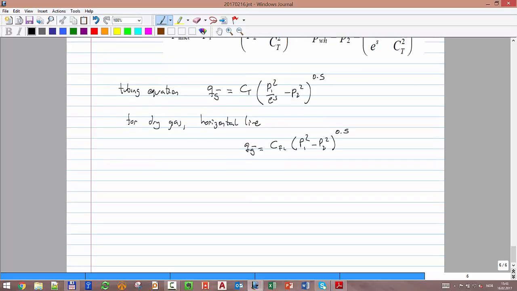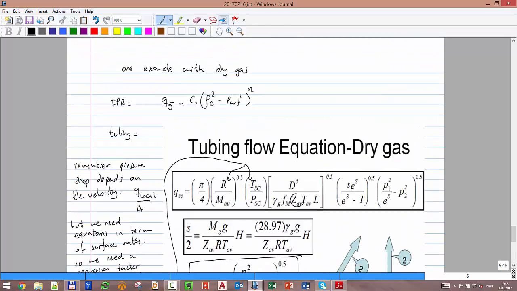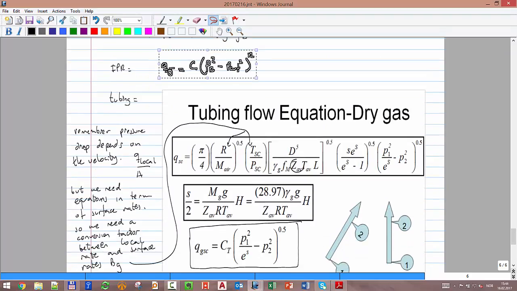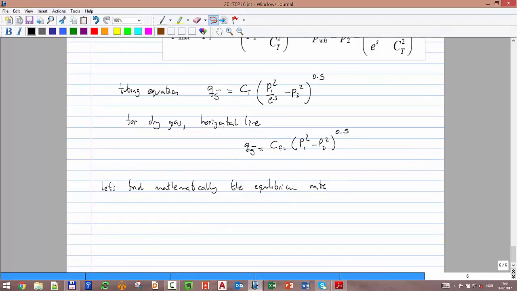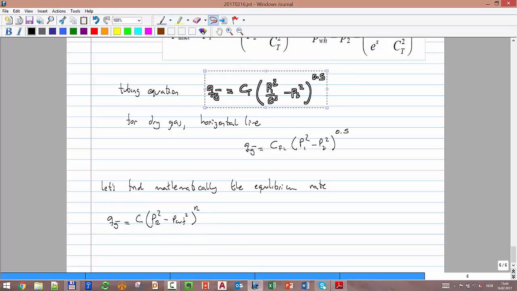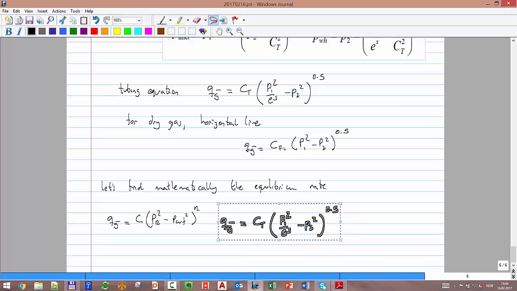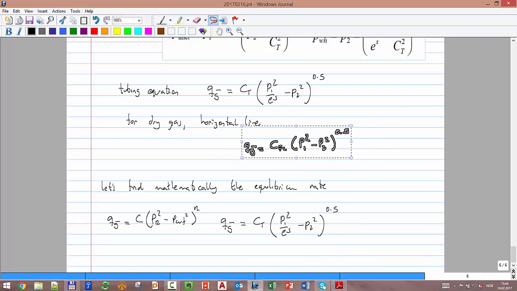Now let's see if we put that together, solving it. So now let's find mathematically the equilibrium rate. So let's see how many equations we have. We have the IPR equation, we have the tubing equation, and we have the pipeline equation.